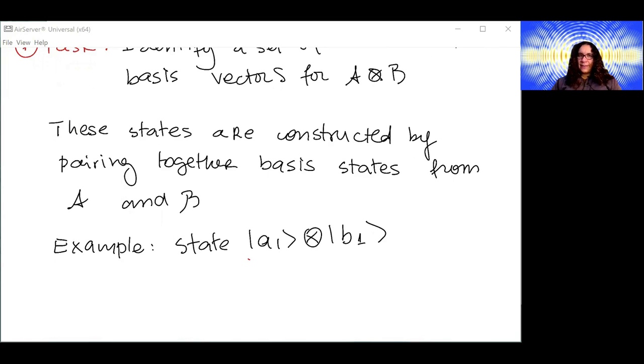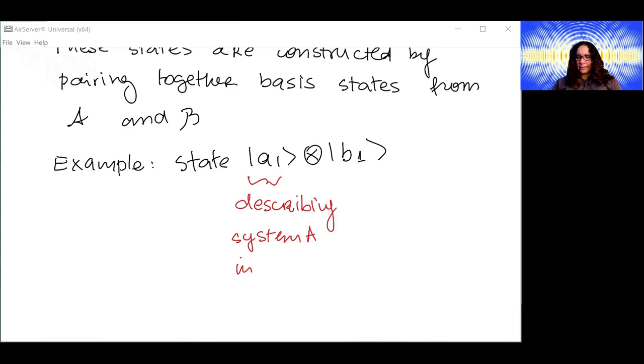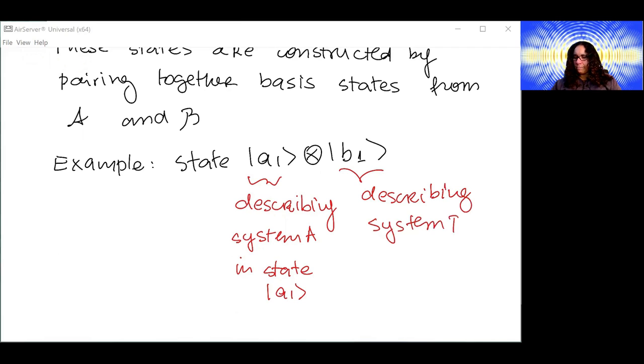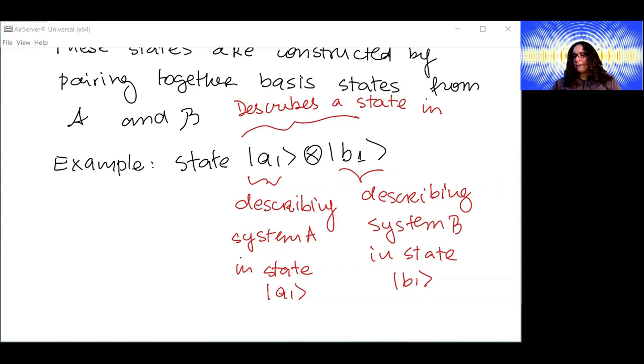And this means that here, this is describing system A in state A1, and this is describing system B in state B1, and this describes a state accounting for that in a tensor product space A tensor B.